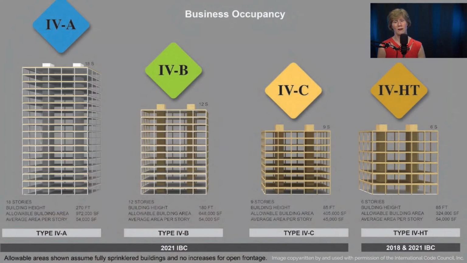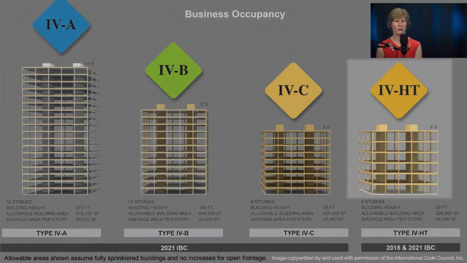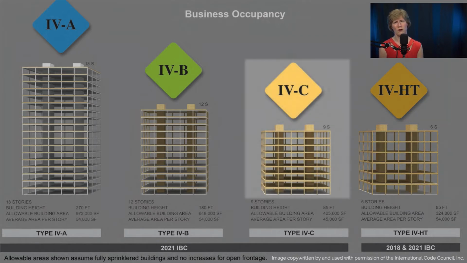If we look at the office building example, if we start on the far right, we're looking at heavy timber construction. So this is your traditional solid wood member. As we move across the table to the left, the next available column is Type 4C. That office building can be 9 stories in height. And keep in mind, most of the mass timber elements in this type of construction can be exposed.